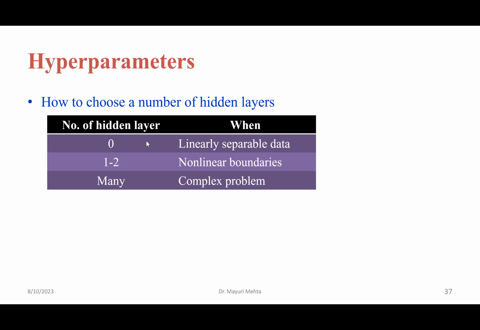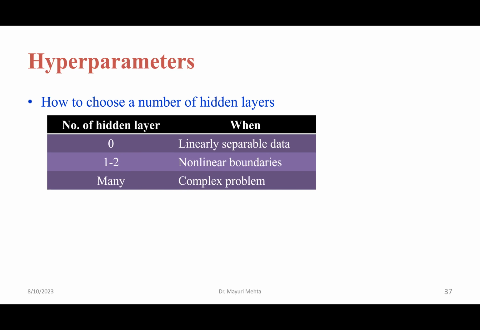So this table shows you a summary: if you have linearly separable data, you need 0 hidden layers. If you have non-linear boundaries, then you can use 1 to 2 hidden layers. And if you are dealing with complex problems, or images and videos, then you need many hidden layers in your neural network.